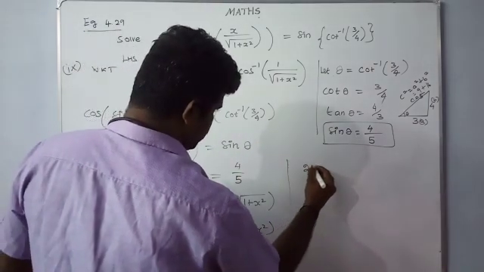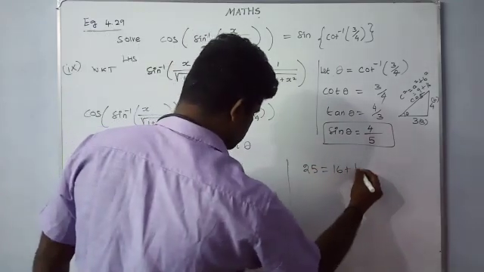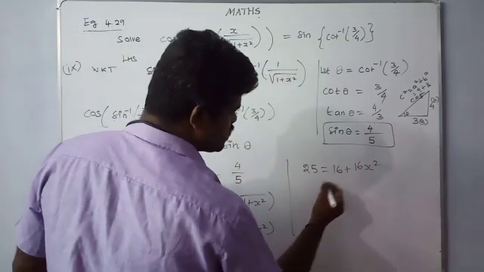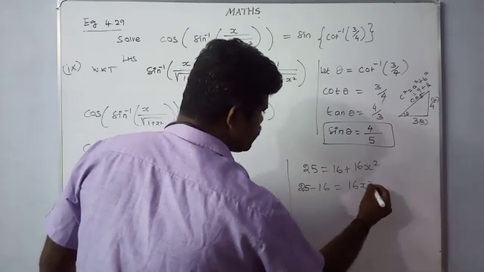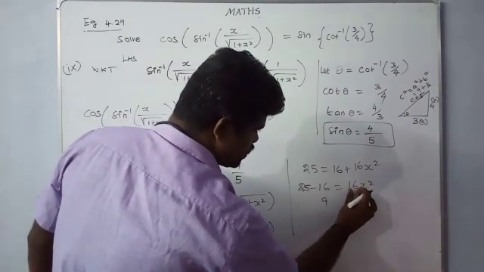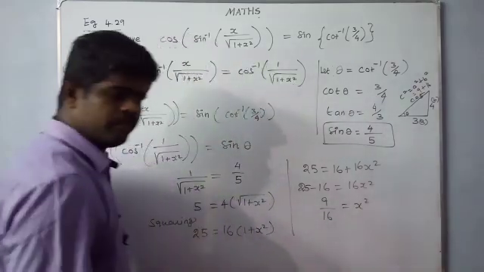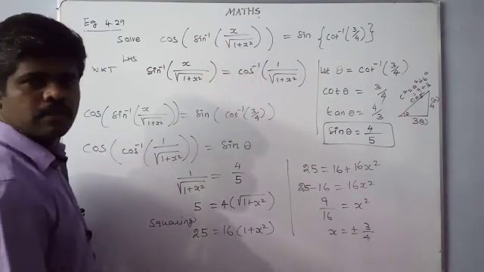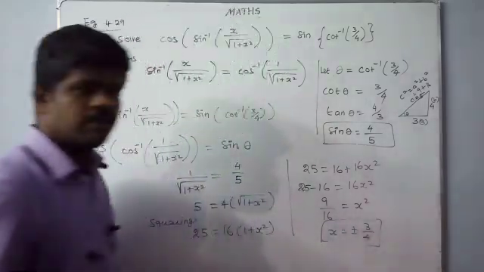Now 25 is equal to, multiply 16 inside, 16 plus 16x square, and 25 minus 16 is equal to 16x square. Now 25 minus 16 is 9. Here 16x square is there, so divide by 16: x square is equal to 9 by 16. Here the value satisfied only x equal to plus or minus 3 by 4. Refer the sum.